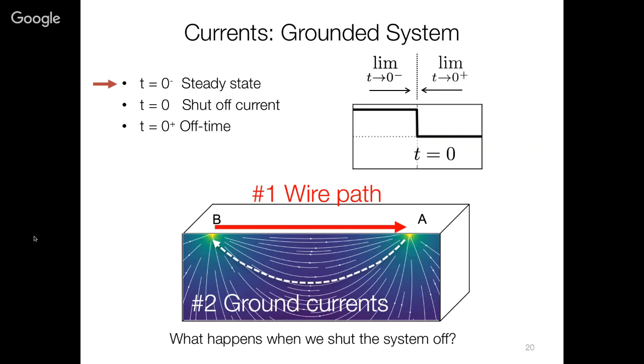At steady state, we're in DC resistivity. So I've got current that goes in here, you see it flows back here, and my currents inside the Earth are like that. Okay, so what's going to happen when we turn the system off?